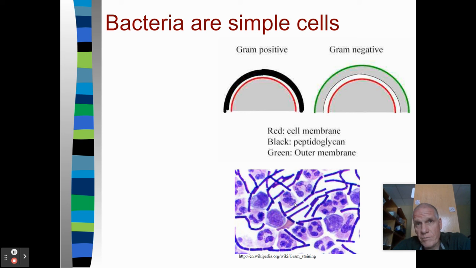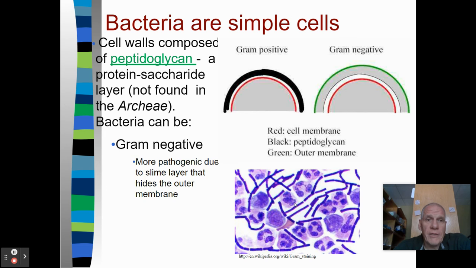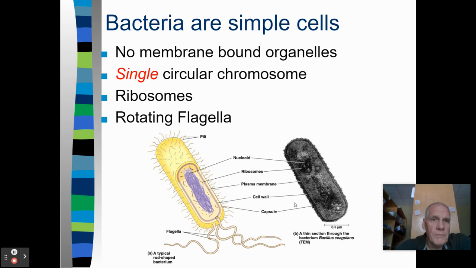Generally, the gram-negative ones can be more dangerous, harder to cure with antibiotics and things of that nature. Okay? Gram-negative cells are more pathogenic due to the slime layer versus our gram-positive ones. Anthrax is a gram-positive one.